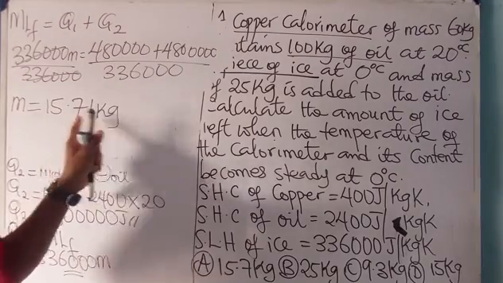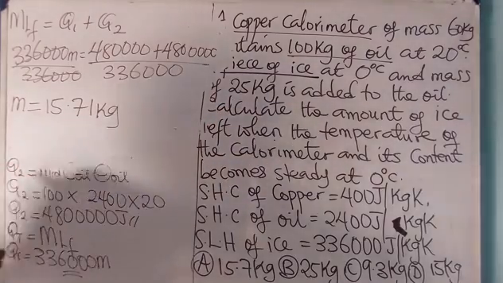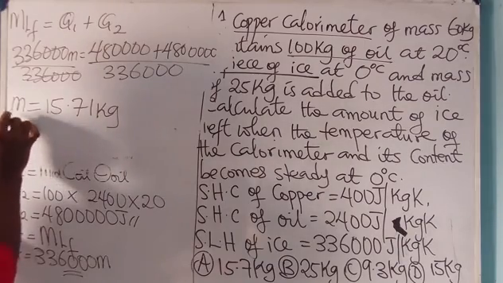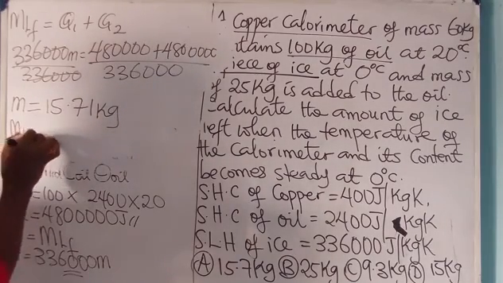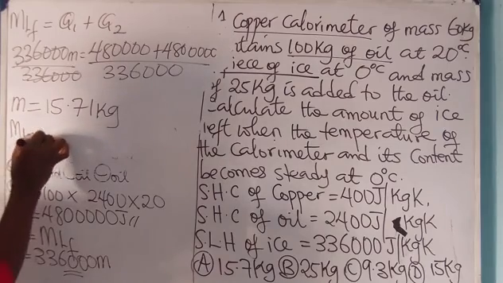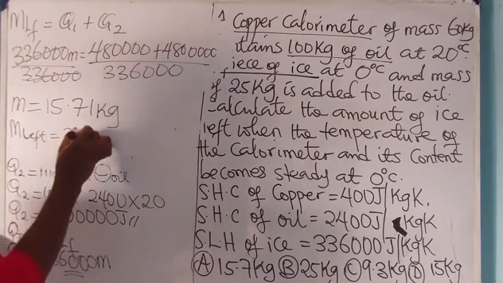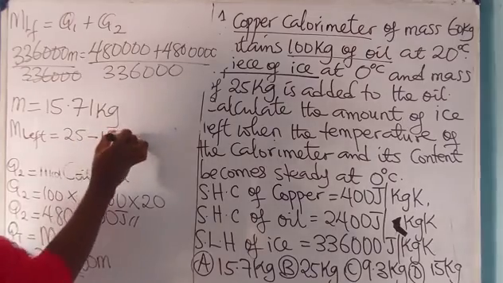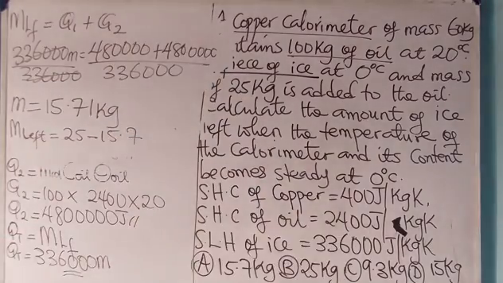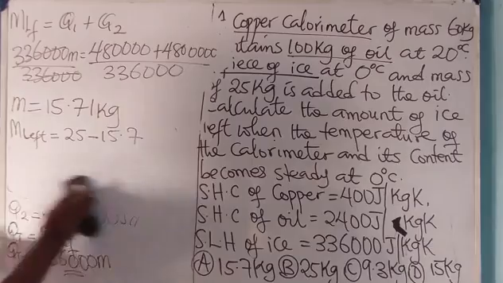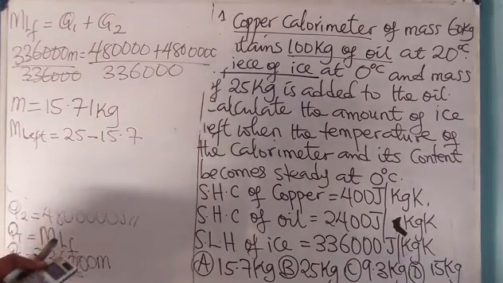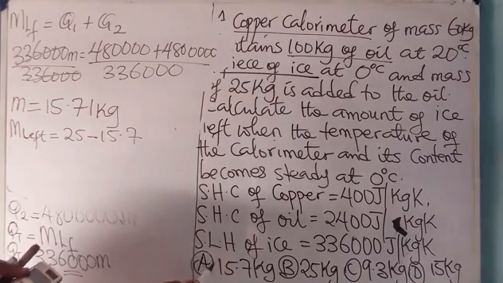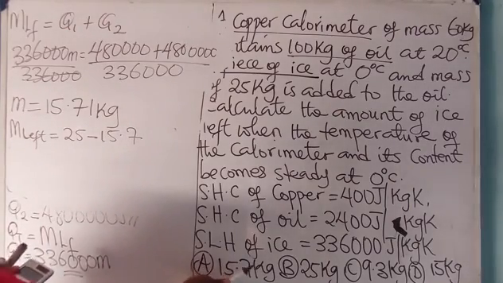Which means that the mass left is equals 25 minus what? 15.7. So we now have that 25 minus... I think you see the options here. You have 15.71 in the option.